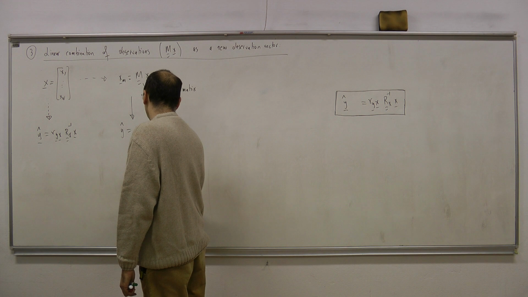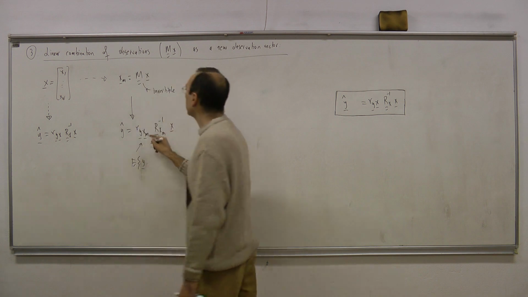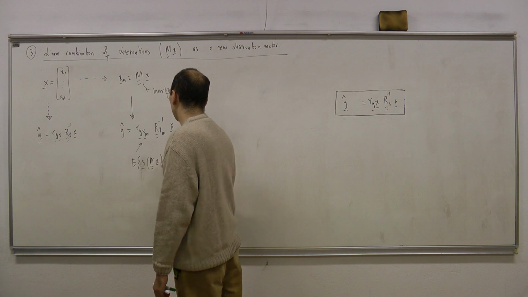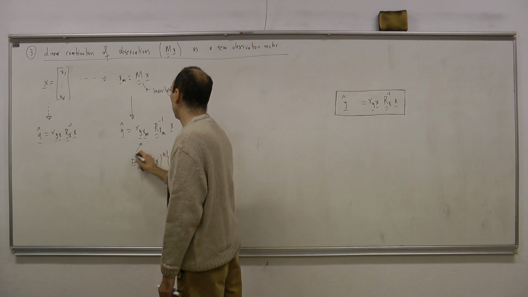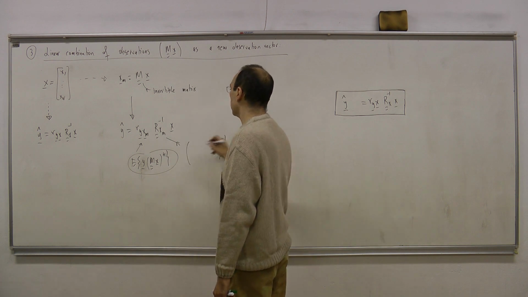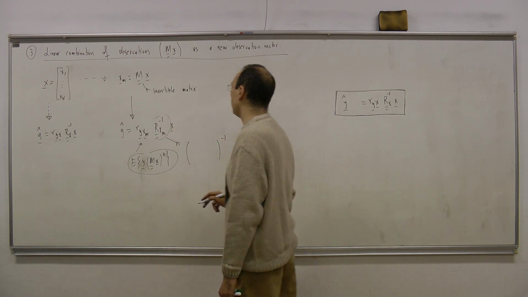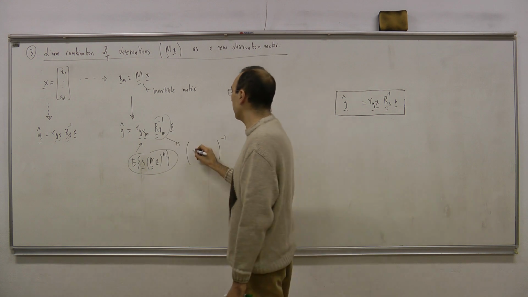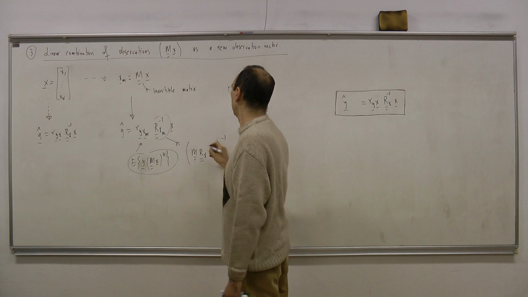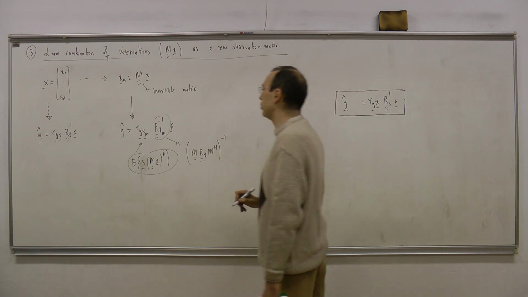This is the expected value of y xm Hermitian, where xm is M times x, but please remember there is a Hermitian over here. How about Rxm? This is the inverse of a matrix. We know that this is M Rx M Hermitian.